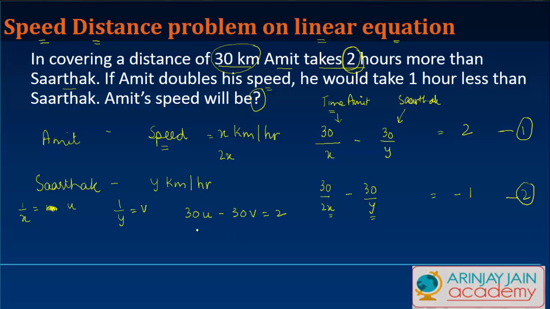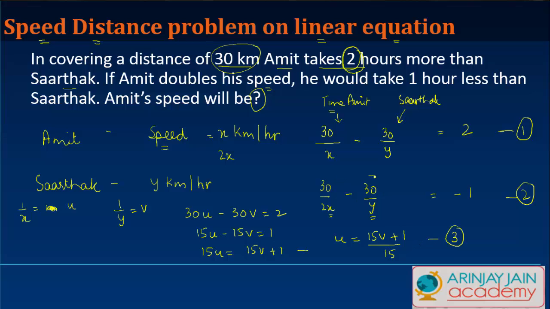Or in other words, 15u minus 15v is equal to 1, or 15u is equal to 15v plus 1, which means that u is equal to 15v plus 1 by 15. Let's call this equation 3.